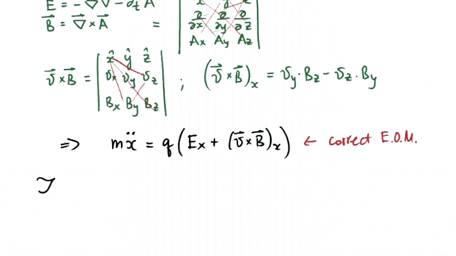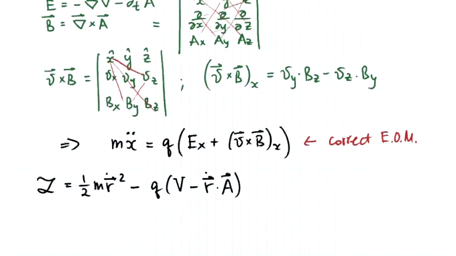So let me reproduce this Lagrangian again. It's worth reproducing. So we have kinetic energy minus charge times potential minus velocity dotted with vector potential. So what does it mean? Other than we can write the correct equation of motion.